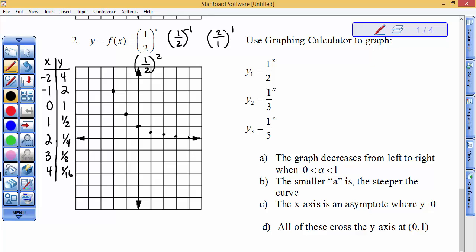And I'm trying to show you that this is going to try to approach the x-axis. It's going to try to touch the x-axis, but I can never let it touch the x-axis. So I'm trying to be exaggerative here. I've got to keep this thing above because the x-axis is an asymptote.